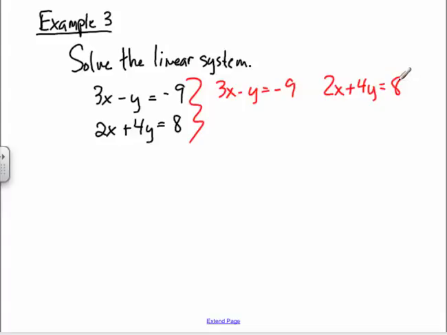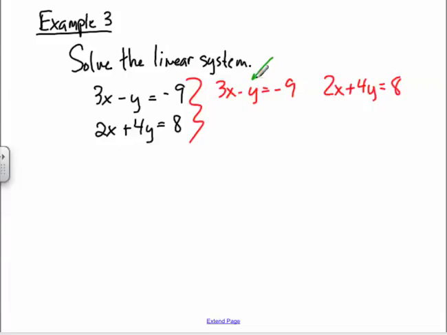3x minus y equals negative 9, and 2x plus 4y equals 8. Now, I mentioned in class that I'm always looking for the variable that doesn't have anything in front of it. You see that y there, it is negative, so I'm going to have to deal with that. But I don't have to divide by a number, because when I do that, sometimes I wind up with fractions, and it always works, but it may be just a little harder.